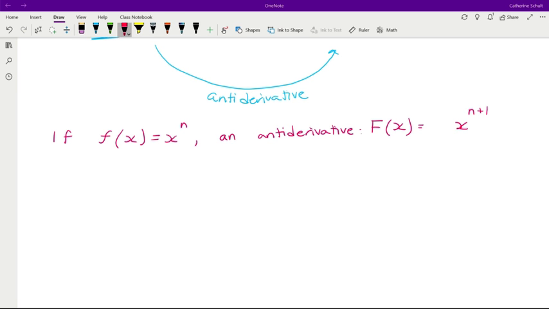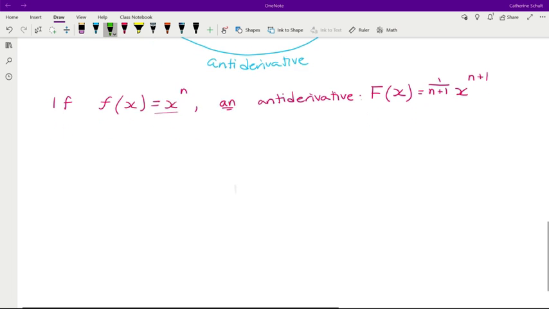I'm going to say a single antiderivative, and we'll talk more about that later. So, sorry, one antiderivative is we add 1 to the exponent, and then the coefficient has to be 1 over n plus 1. And now when we take the derivative of this, we bring down the exponent, the coefficient becomes 1, and we're left with x to the n. Okay? All right. So that was the pattern we saw.